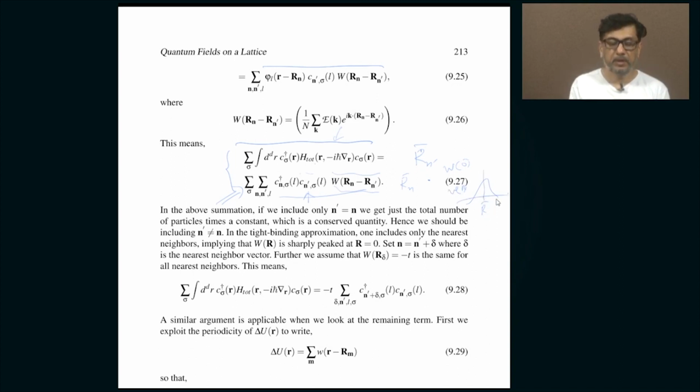Okay. If that is the case, then clearly n dash equals n is the dominant contribution, but that is uninteresting because that corresponds to the total number of particles. Okay. So, the interesting term comes from the next term. The next most important contribution to this summation comes when Rn dash is not equal to Rn, but is as close to Rn as possible. So, that is called the nearest neighbor.